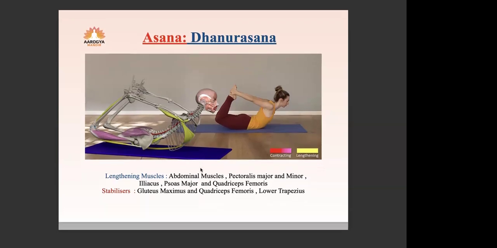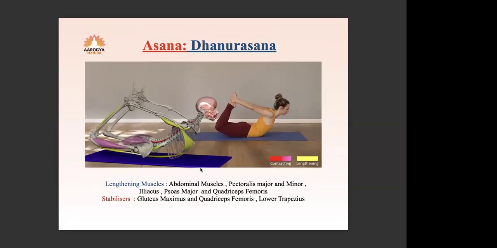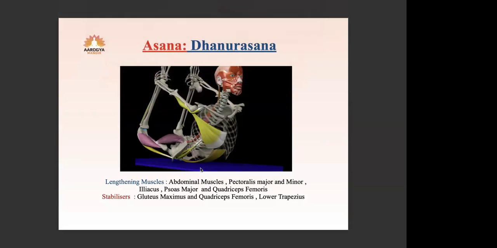Let's see the understanding of the muscles getting contracted and stretched. So if you see the front view, you can clearly see that the pectoralis major and minor are getting stretched. Then you're also seeing here a bit of the biceps getting a stretch.